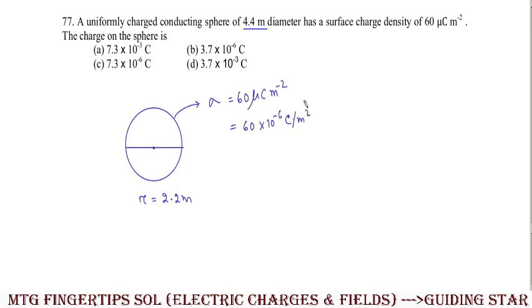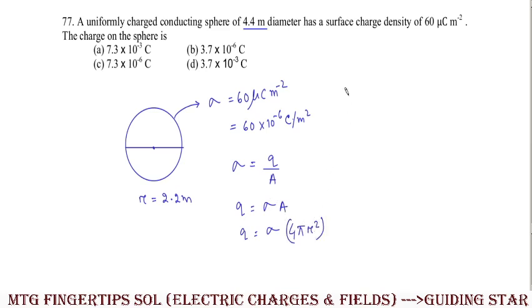Surface charge density and radius are given, and it is asking what is the charge on the sphere. We know that sigma is equal to q by A, where A is the surface area of the sphere. So q equals sigma into A, which is 4 pi r square.